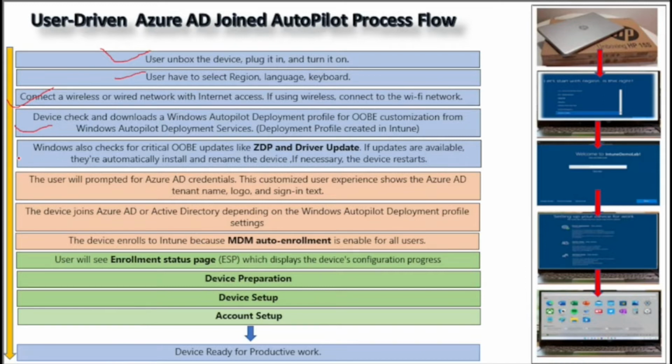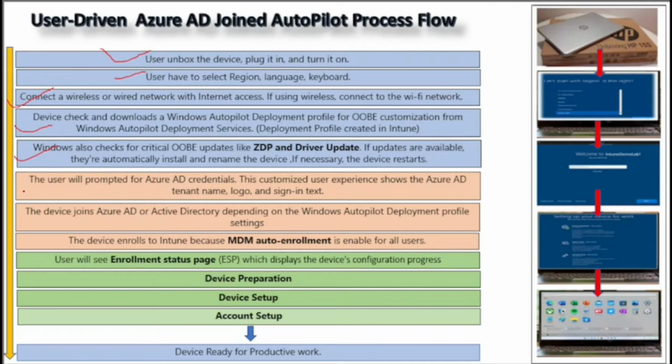After that, Windows will also check if there are any critical or zero-day patches as well as driver updates. If the machine finds any such updates, it is going to download and install them, and at the same time the machine is also going to rename the device if we already configured the naming convention in the deployment profile. And then if required, the machine goes for a reboot.